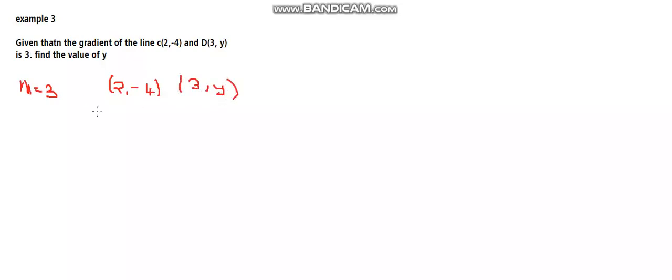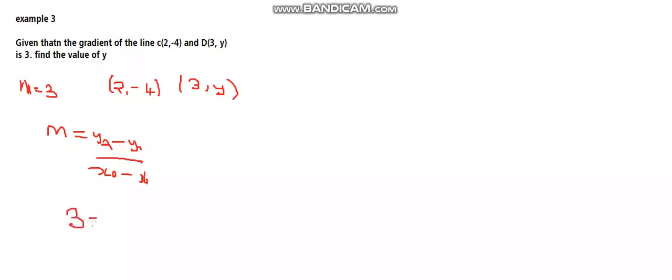How can you find the value of y? First, write the equation for finding the gradient of a straight line: m equals y2 minus y1 over x2 minus x1. Now we have gradient here as 3.